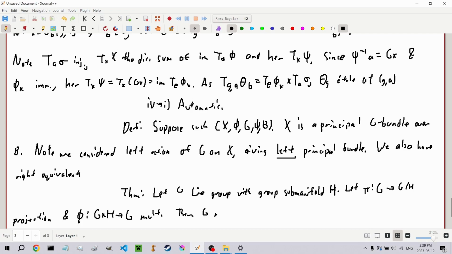Then G is a right principal H bundle over our G over H. This is, of course, going to be our base.